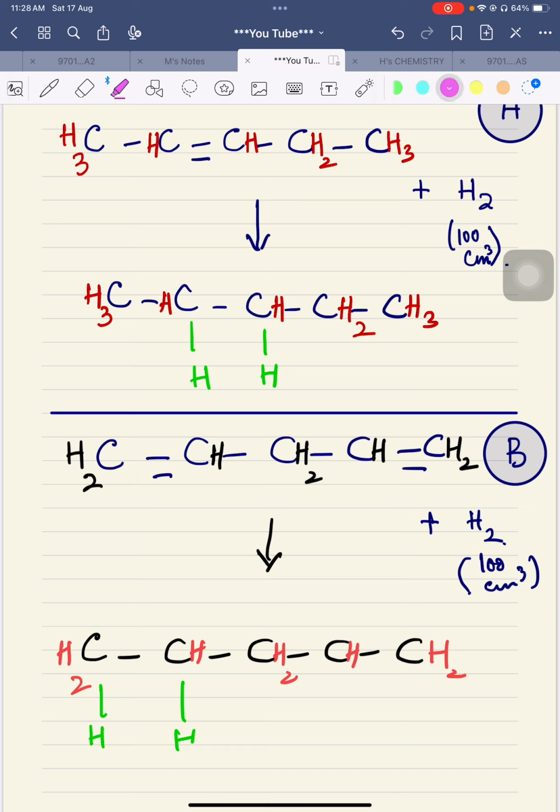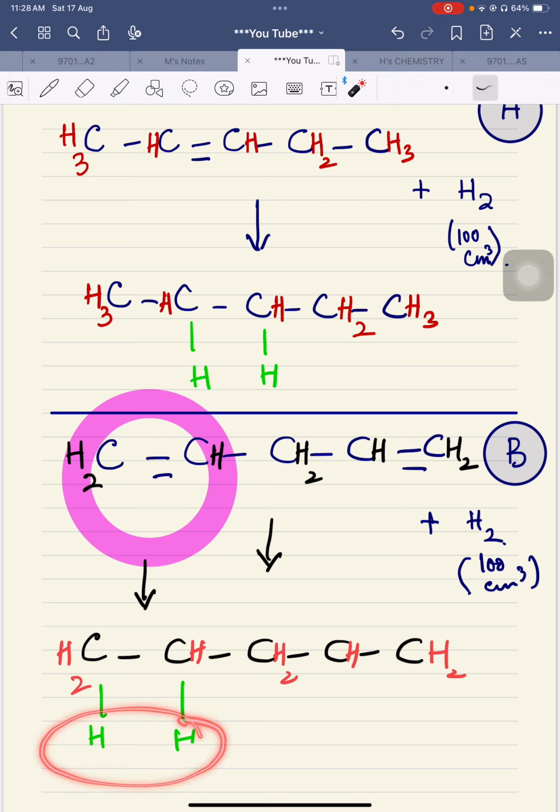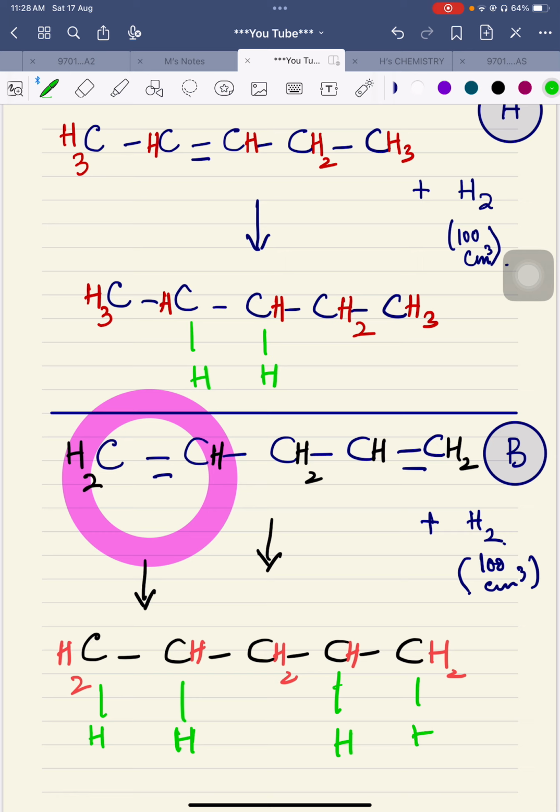Guys, can you check that this is the double covalent bond which is now shifted into the single covalent bond. So the two carbon atoms of this double covalent bond are now attaching new hydrogen atoms as well. Okay, this is the difference you need to know. Then the two more carbon atoms which had hydrogen atoms already are now going to attach the newly coming hydrogen atoms as well.